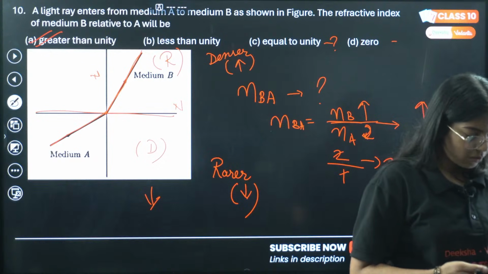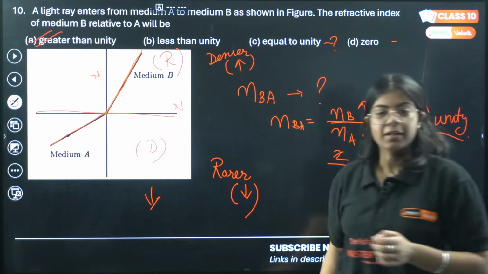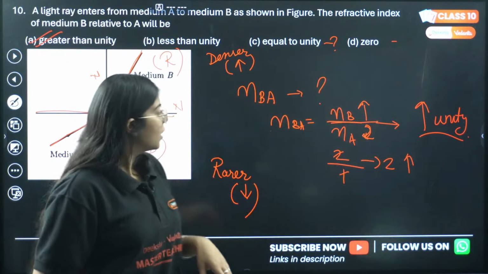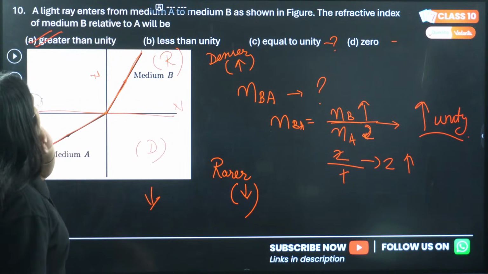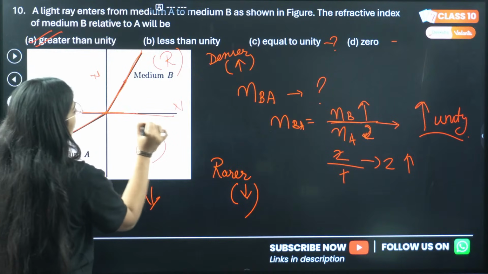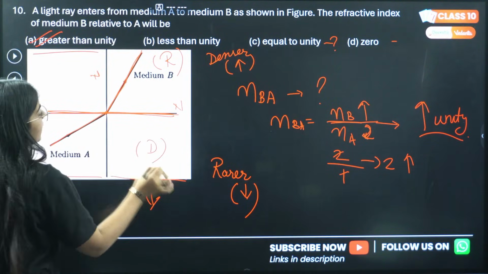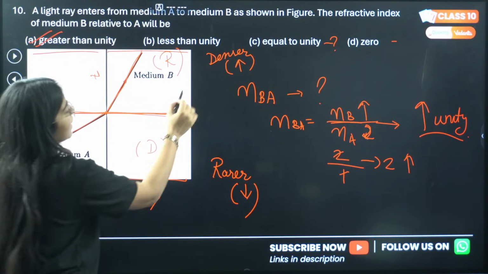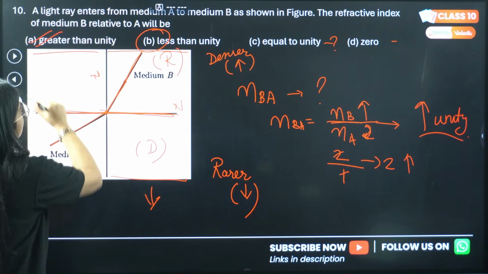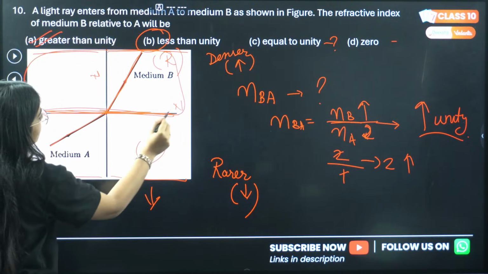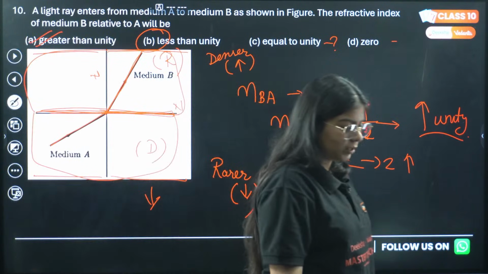So maybe in the question they should be clearer on what the normal is. If this is the normal, this whole is medium A, this whole is medium B, then it will be less than unity. If this whole is medium B, and this whole is medium A, then it will be greater than unity. Correct?